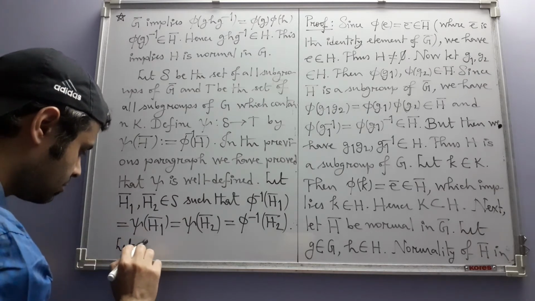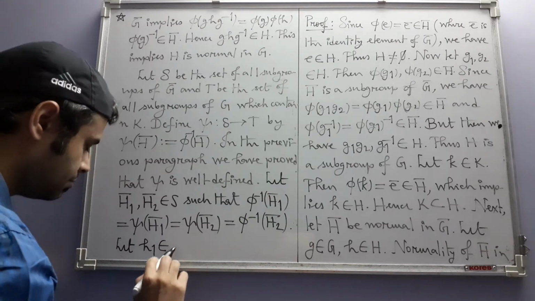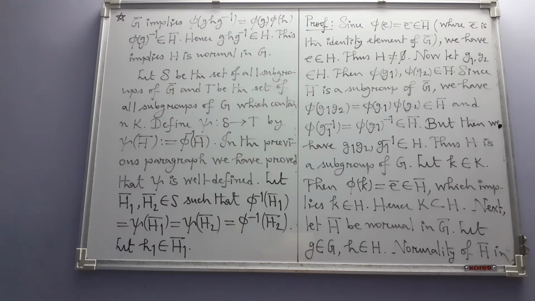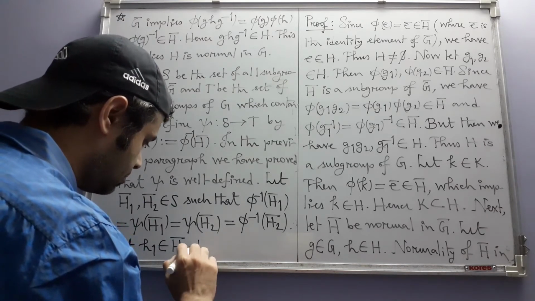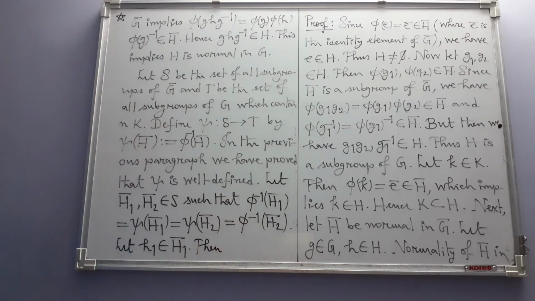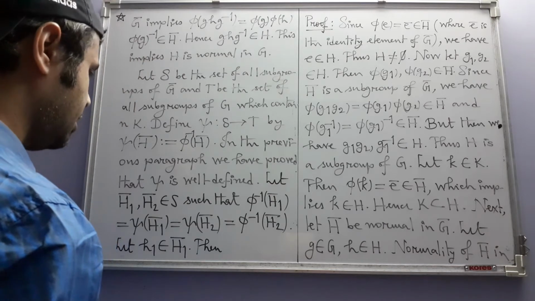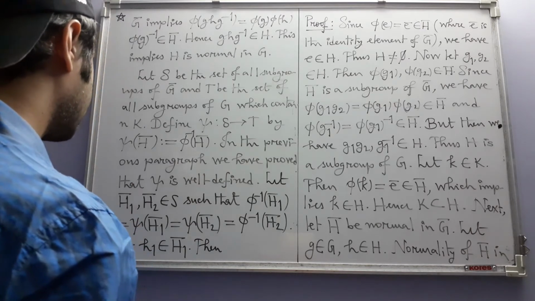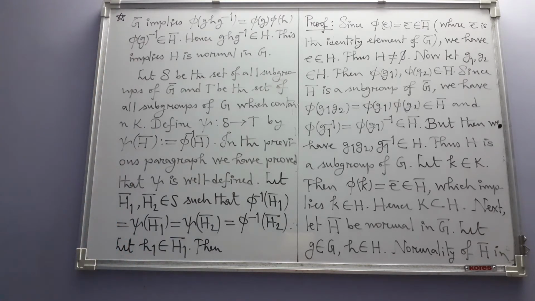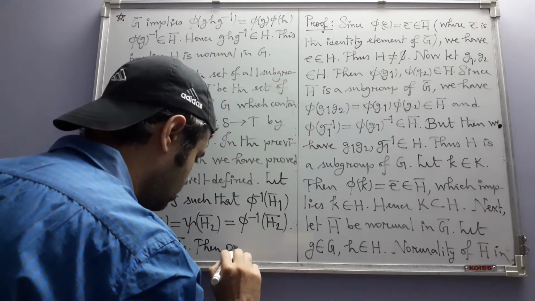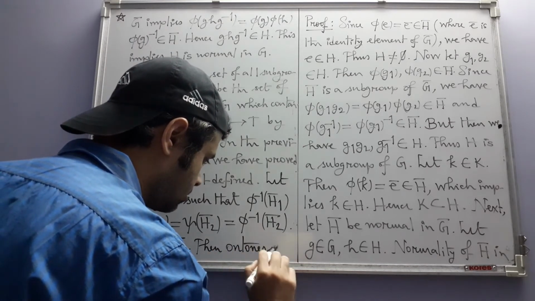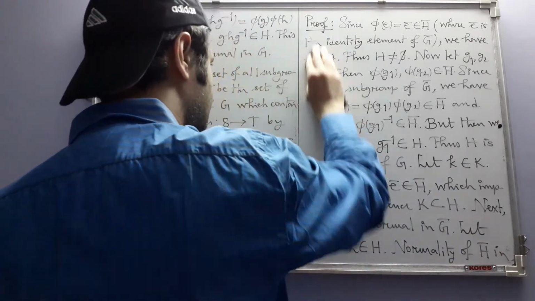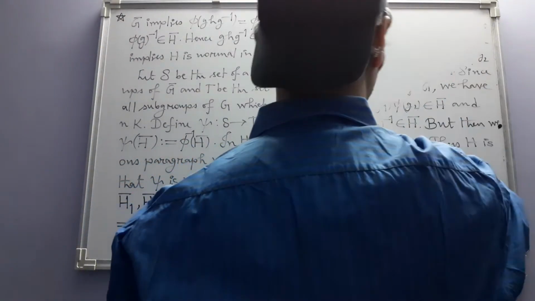So let H1 belong to H1 bar. Then, by the ontoness of phi, it's given that the original homomorphism is an onto mapping from G to G bar.